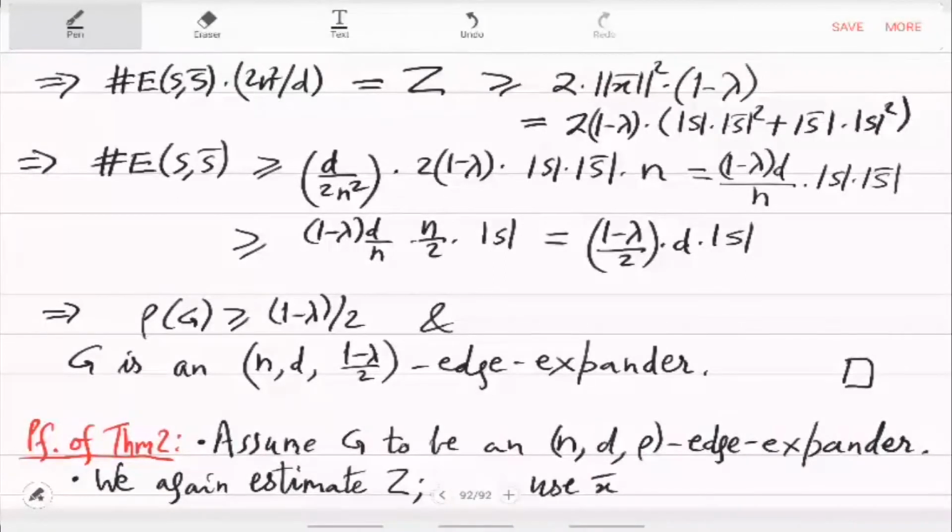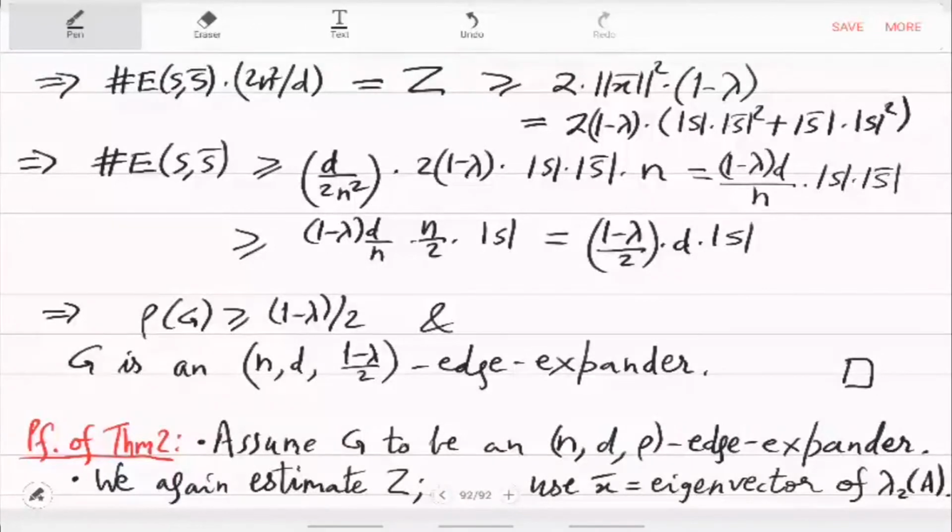So use x bar equal to an eigenvector of lambda 2, the second largest eigenvalue of the matrix. Pick an eigenvector, and now estimate Z afresh.